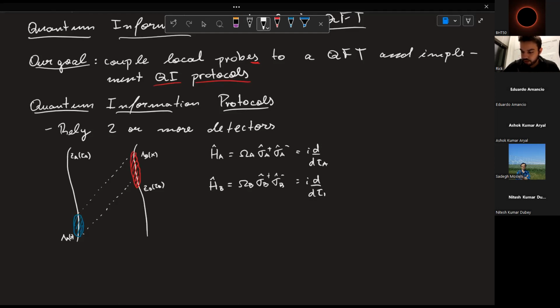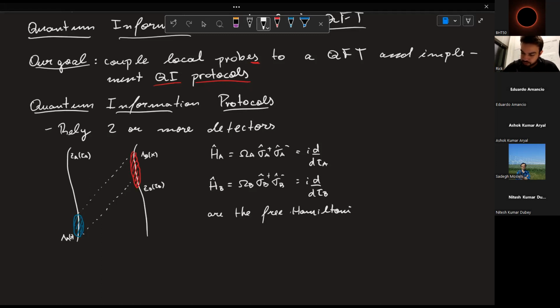We're assuming that both Alice and Bob have their own notions of proper time. They have their own free Hamiltonians that generate time evolution with respect to their own proper times. So these are the free Hamiltonians for each one of them.